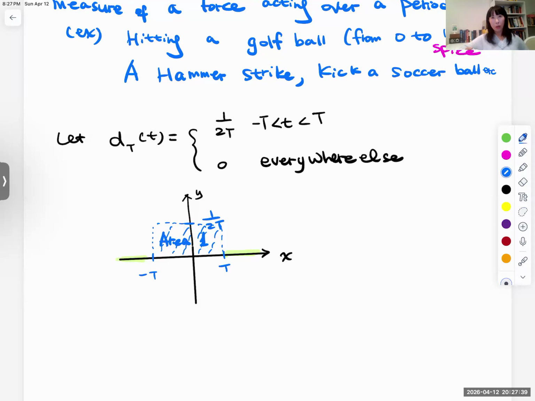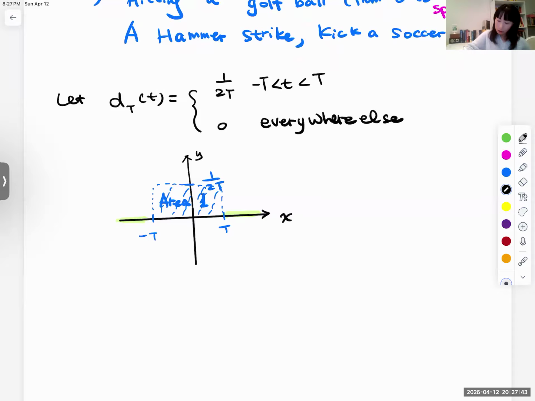Take the integral from negative infinity to positive infinity of d sub t of t dt. The integral is base times height.